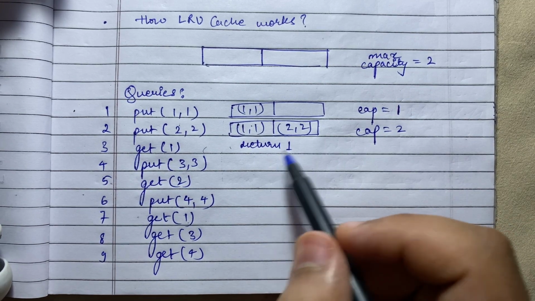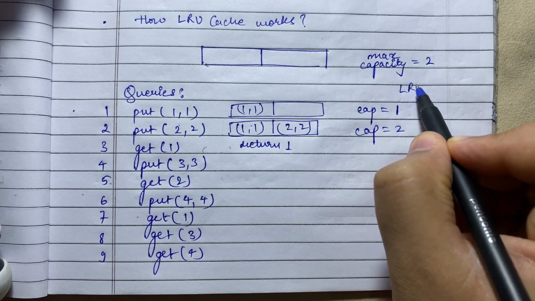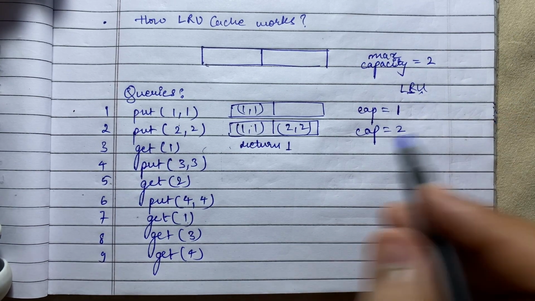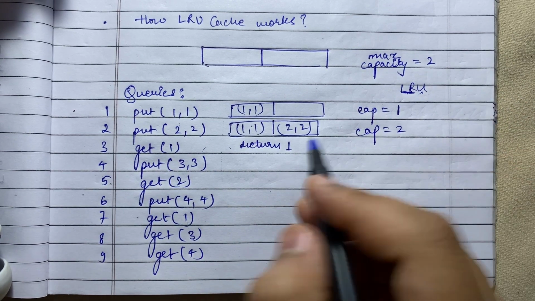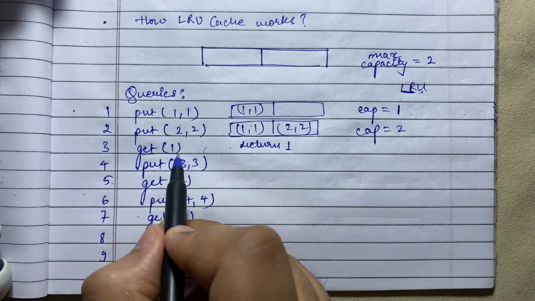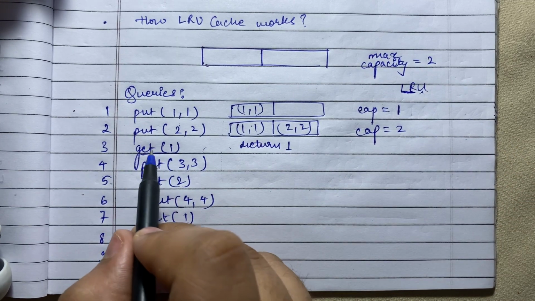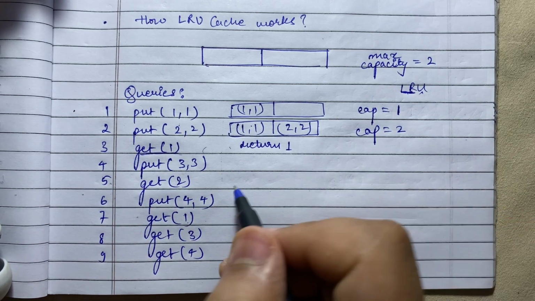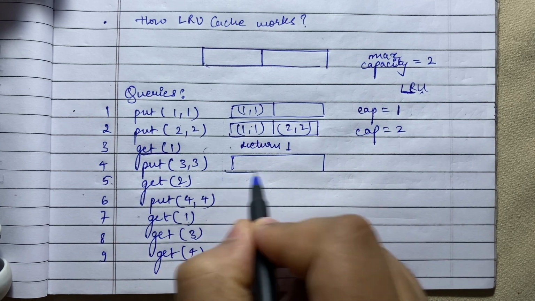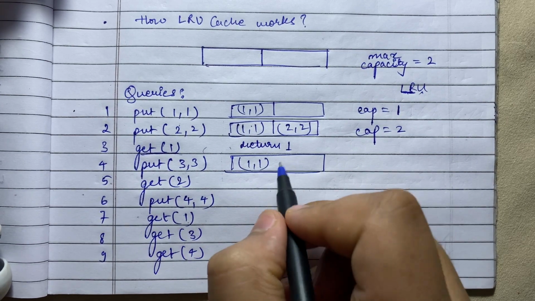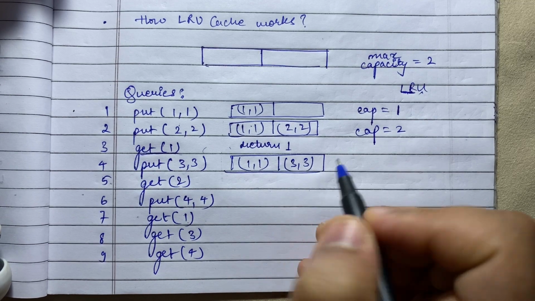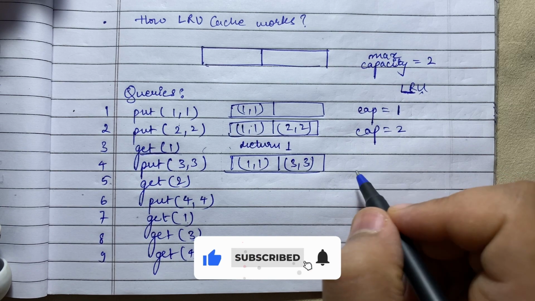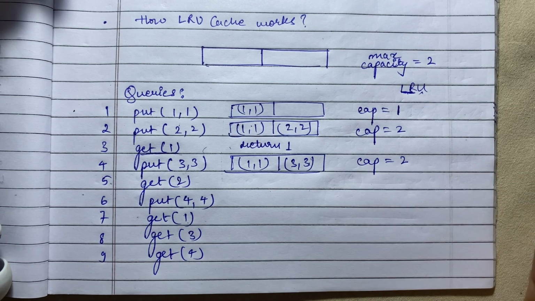Since the name of the algorithm itself is least recently used, we'll obviously remove the least recently used value, which is 2 in this case, since just before this query we tried to get key 1, which makes it the most recently used element. So now this is what the cache will look like. We have 1,1 and 3,3, and now 3,3 is the most recently used and 1,1 is the least recently used. Again, the size will remain the same, which is 2.